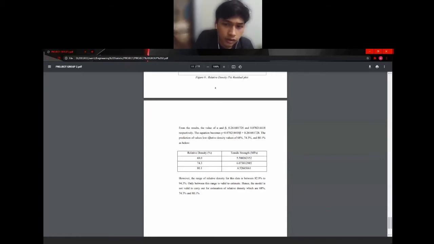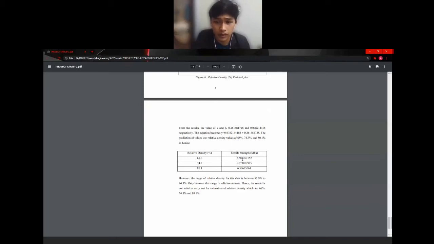To predict the tensile strength for relative density values of 68%, 74.3%, and 80.1%, we can enter the data into this equation, so we get this value of tensile strength.